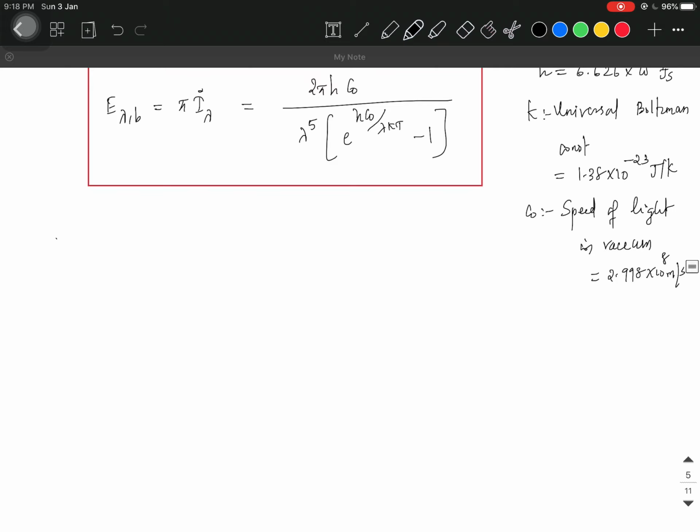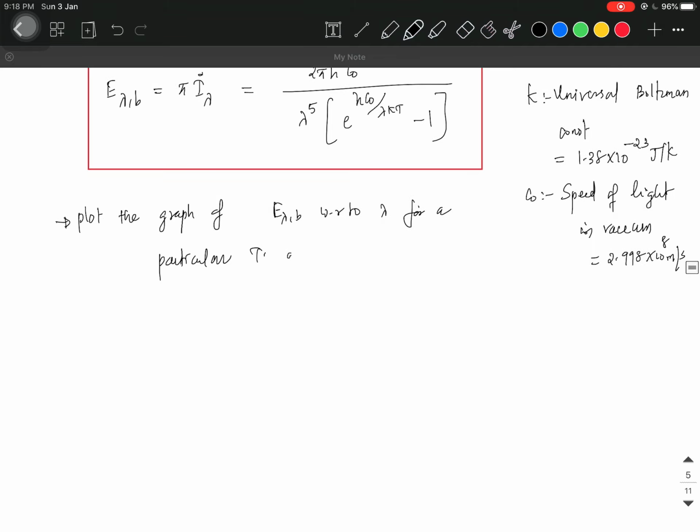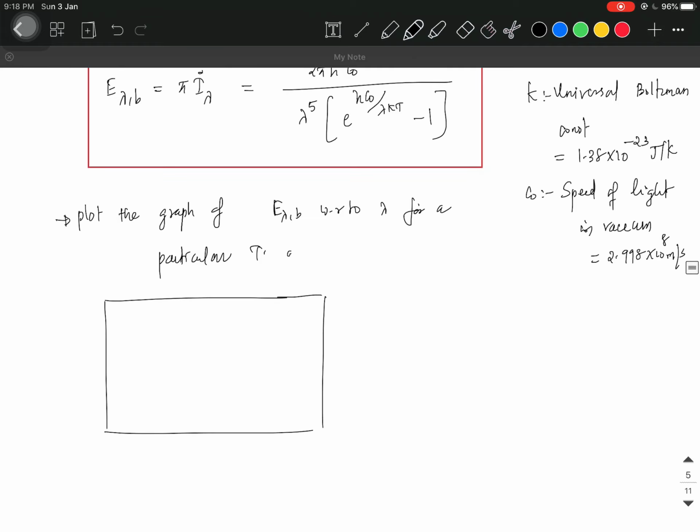By using this particular equation, we can plot the graph of E lambda b with respect to lambda for a particular temperature, or for different temperature sets.